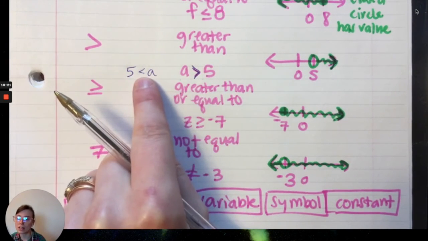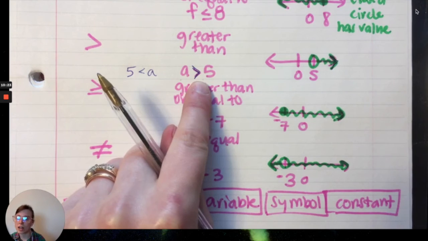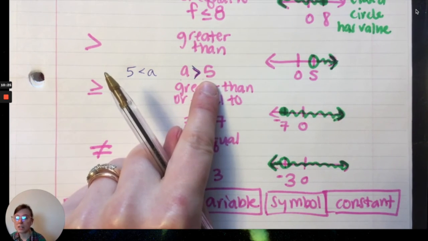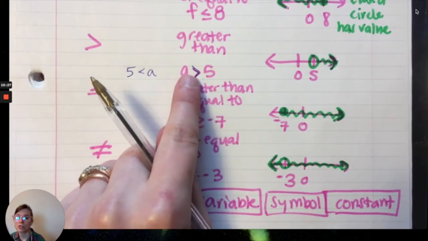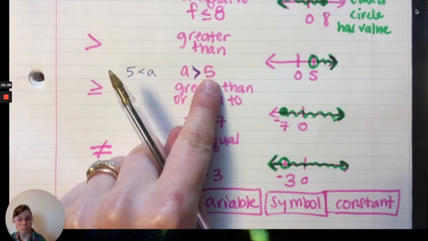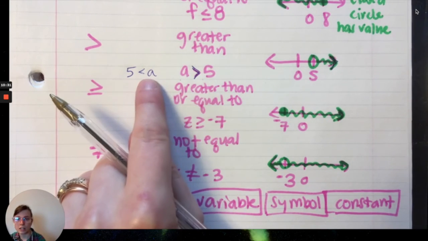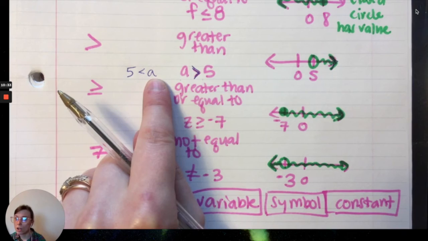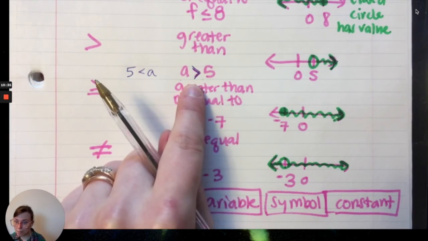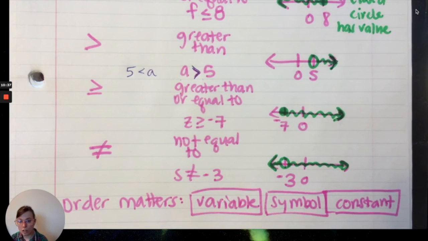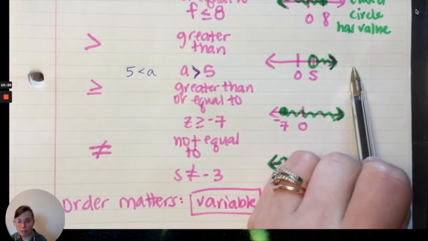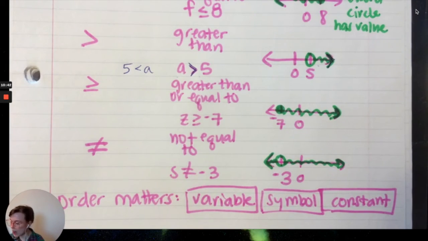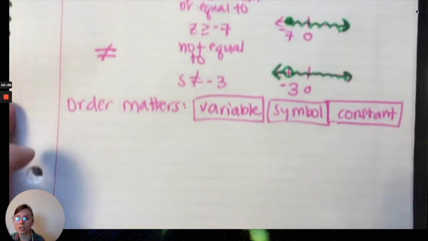So this, instead of being a less than, turns into a greater than, or vice versa. And if you don't trust me, plug some numbers in. So if 6 is greater than 5, that's true. Is 5 less than 6? That's true. So both of these are the same set of solutions because they're going to be the exact same graph.